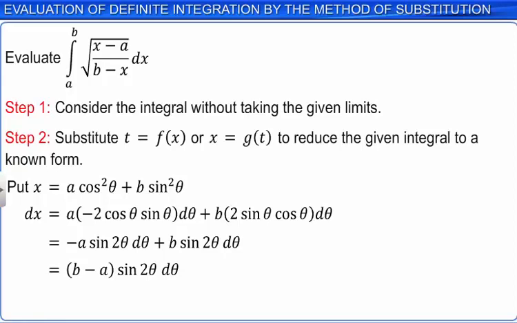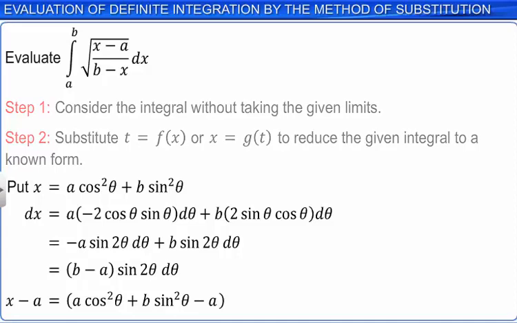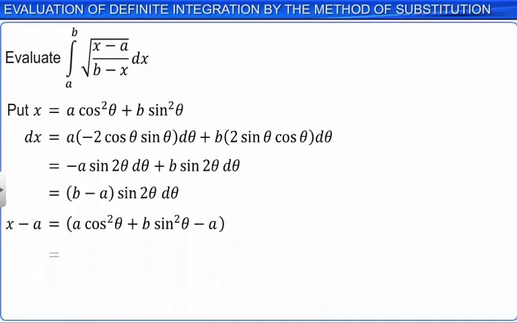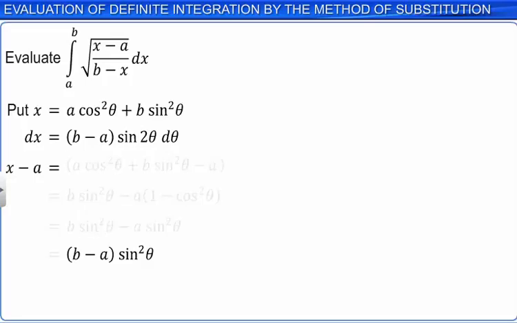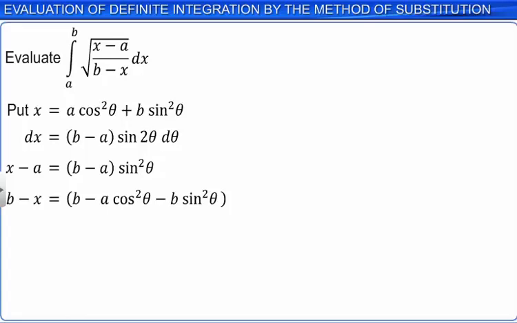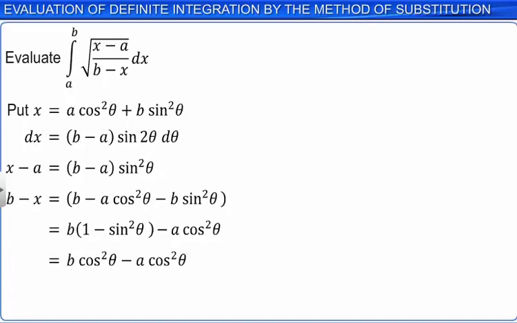Now, x minus a is equal to a cos square theta plus b sin square theta minus a. On simplifying, we get (b minus a) sine square theta. In a similar way, b minus x is equal to (b minus a) cos square theta.